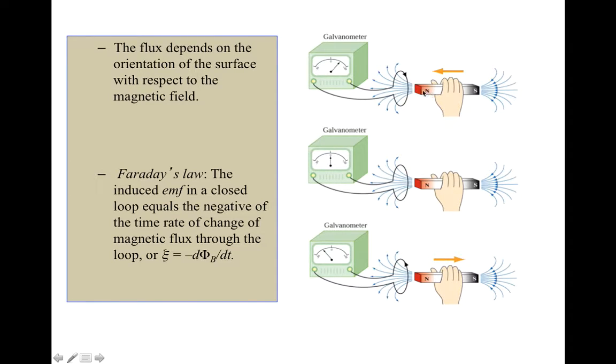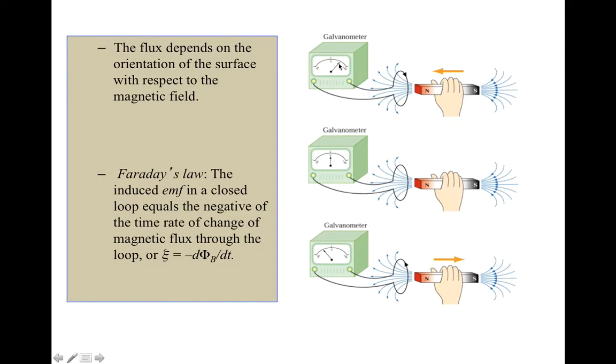As you move it closer, the magnetic field is stronger, and you see there is an induced EMF, which is shown by the deflection. So once you move it and change the flux, you get an induced EMF.